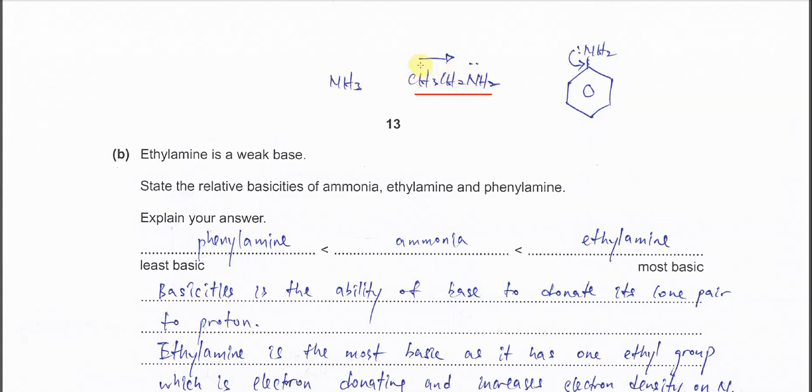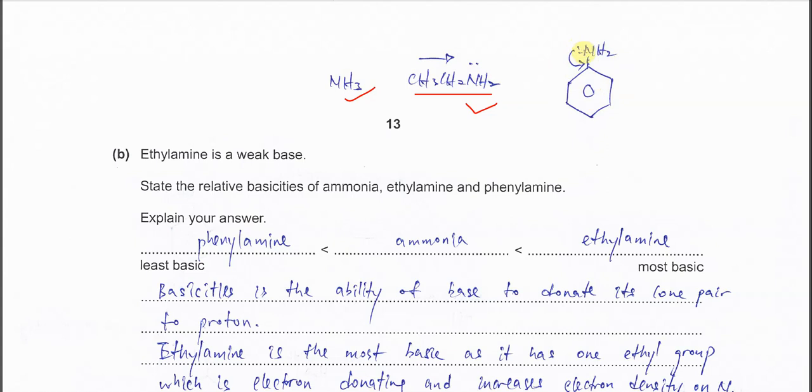So the electrons will move to this nitrogen, and the electron density of the nitrogen will increase, and therefore the availability of the lone pair is more, and the ability of this nitrogen to donate its lone pair to H+ is greater. That's why this is the most basic one, followed by ammonia. Then this one is the least basic. Why?